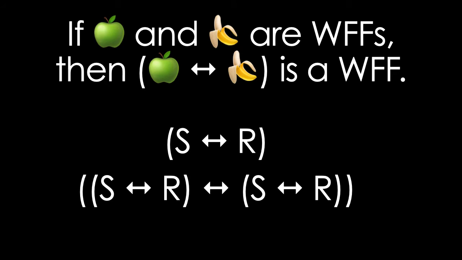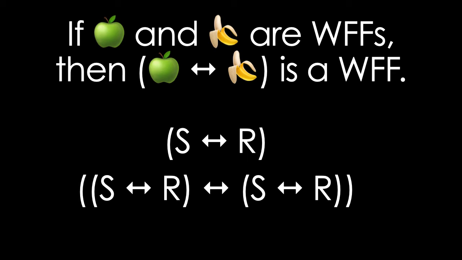And of course, we can do the same thing with the biconditional. If you have two well-formed formulas, which could be atomic sentences, or they could themselves be long, complex, compound things, you can put parentheses around them and a biconditional between them, and you make a new well-formed formula.